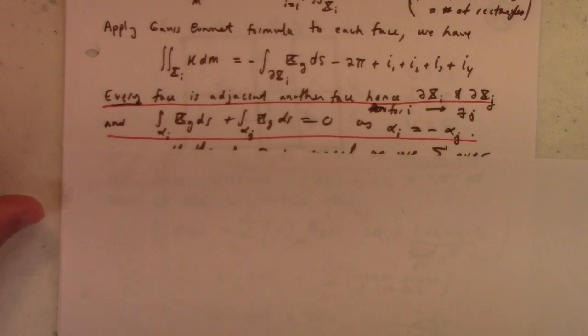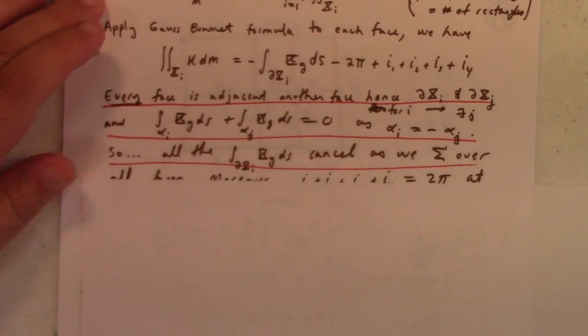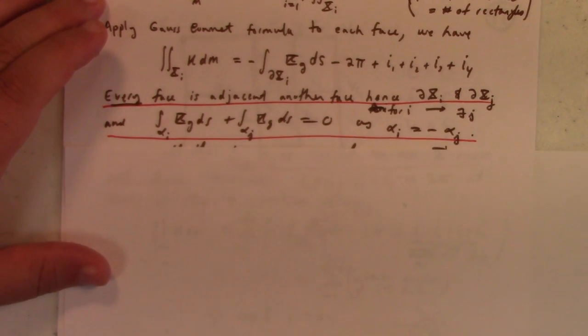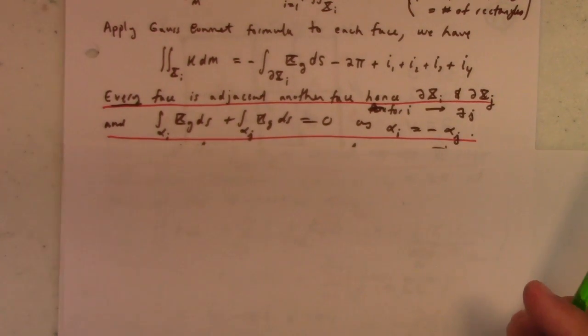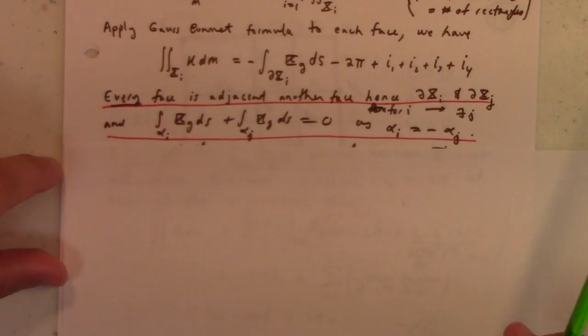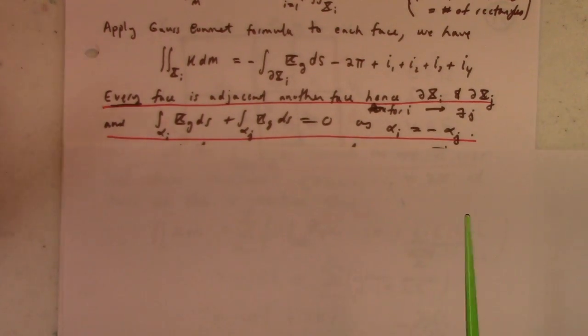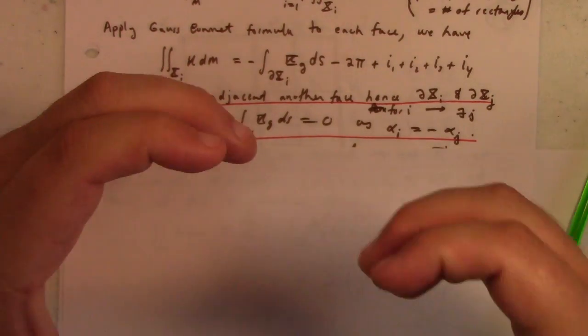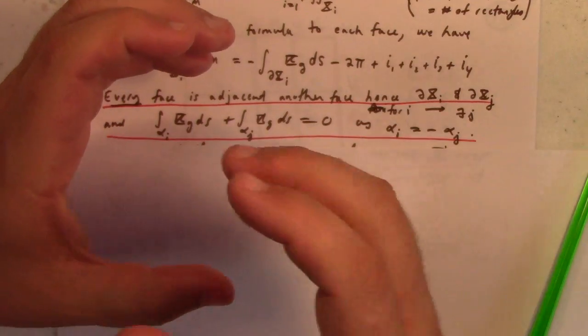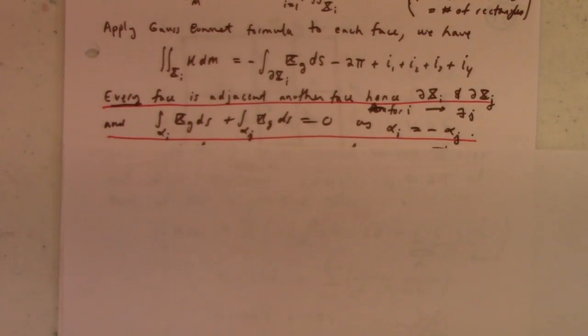It's the same kind of argument that we use in Calculus 3 to prove the various theorems for surface integrals, where we break it up into pieces, and then on the separate pieces you have counterclockwise orientations on each piece.